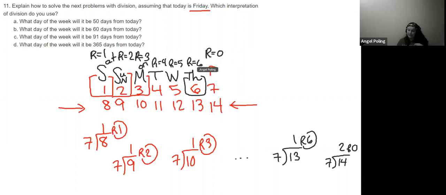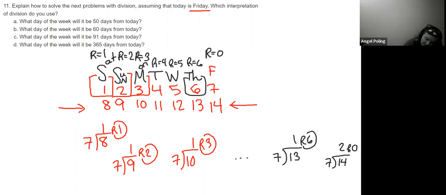Okay, now that we have our little counting table in place, we can look at what day of the week it will be 50 days from today, 60 days from today. We can, however, talk about what we are doing here.